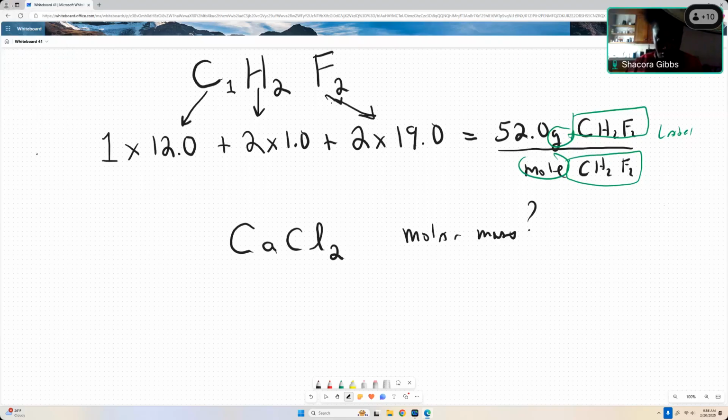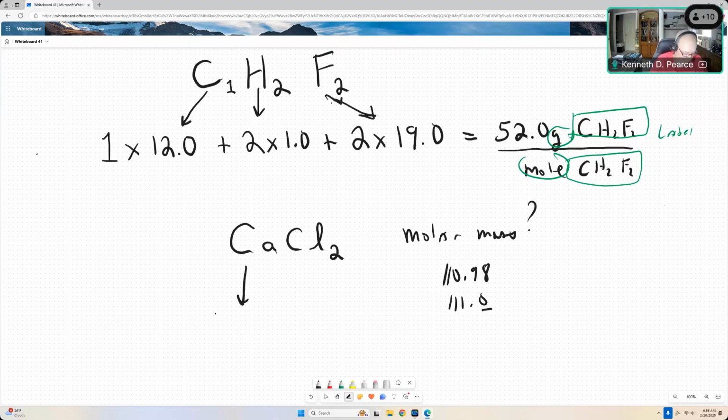Mr. Pierce, I got 110.98 grams. Is that right? That would be 111, wouldn't it, rounded? Yes. Okay, well, let's see if I get the same answer here. Calcium: if I round it, it says 40.08, but that's 40.1. And then we say 2 times the chlorines, which are 35.5 apiece.